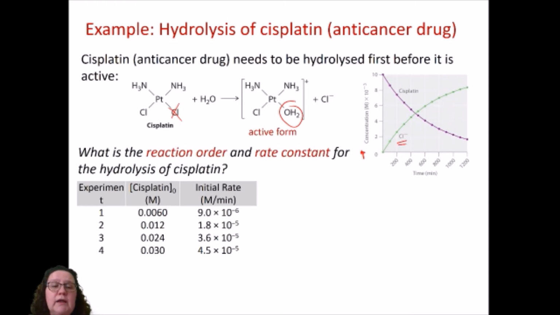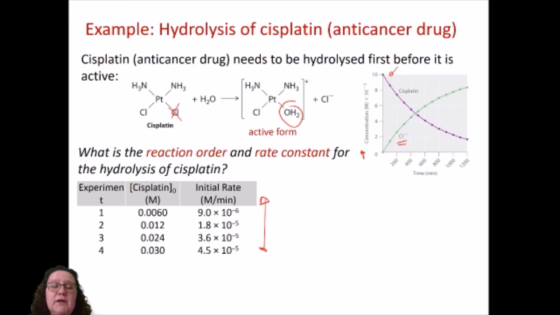And the other one is a set of experiments in which the concentration of cisplatin was changed and differing initial rates were measured. So you can do this in 2 ways. You can either look at the data points from the graph, for example, looking at how the concentration of cisplatin varies in time, and then work out if it's a zero, first or second order reaction by representing the appropriate y-axis with respect to time.